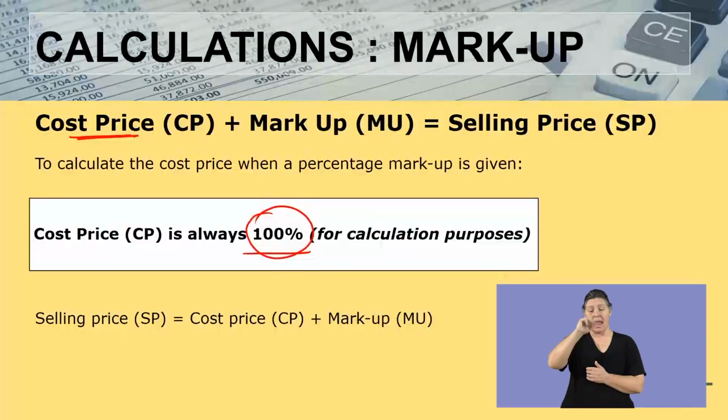But your markup will change. It can be 10, it can be 20. In the previous calculation that we did, do you still remember how much it was? Thank you. It was 25%. It can be 30, it can be 40, it can as well be 50. It depends. Therefore, your selling price would depend on the markup that you would have been given.